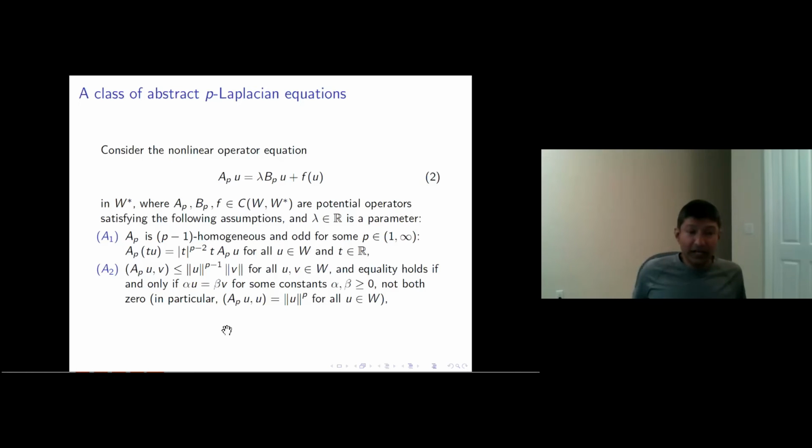So A_p is assumed to be p minus 1 homogeneous and odd for some p between 1 and infinity, and it's also assumed that this A_p satisfies a Holder type inequality. So this A2 is the Holder type inequality that we are going to assume, and both of these assumptions are satisfied by the ordinary p-Laplacian operator. So this is something that generalizes the p-Laplacian.